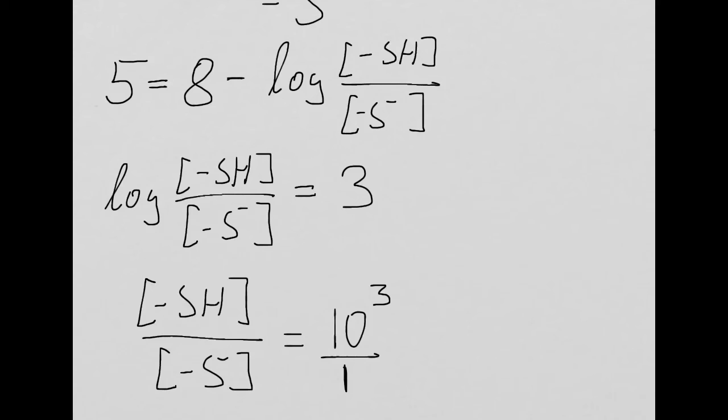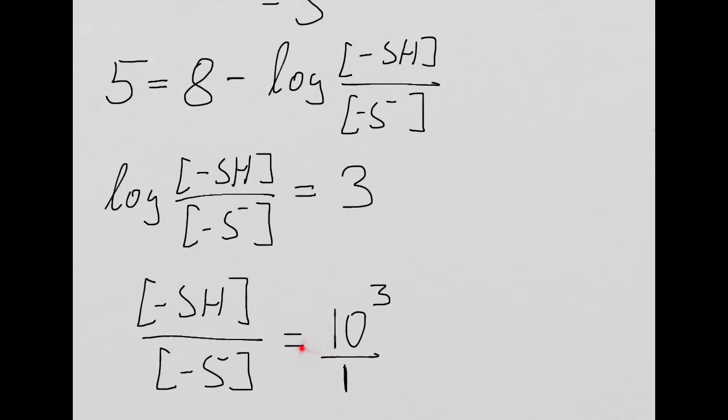So again, you use the Henderson-Hasselbalch equation. You have your pH 5, your pKa, minus this log acid over base. You know that this must be 3. This log acid over base equals 3. 8 minus 3 equals 5.